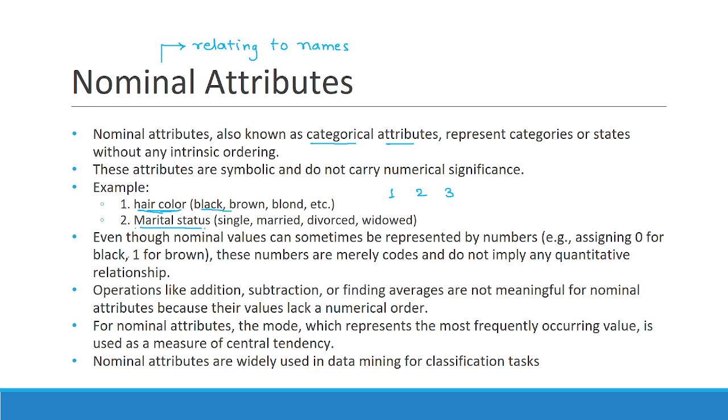Let's see some more points about nominal attributes. Even though nominal values can sometimes be represented by numbers, like we can assign 0 for black, 1 for brown, these numbers don't have any quantitative value or relationship.